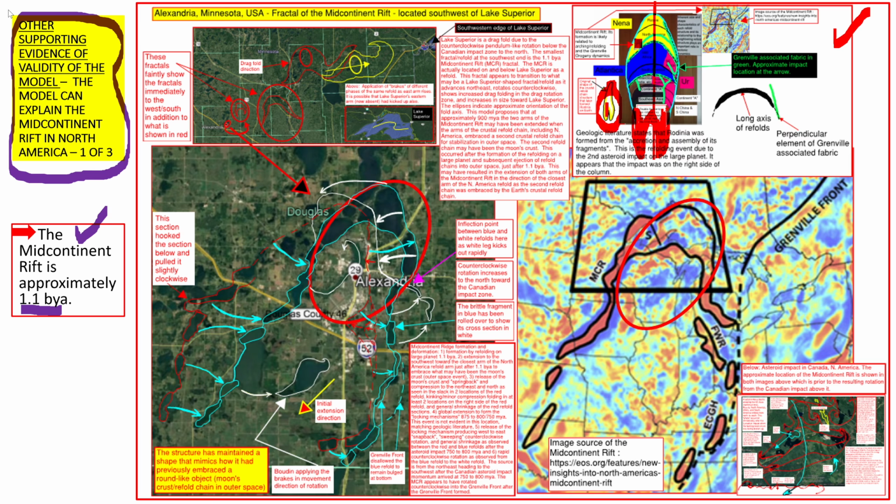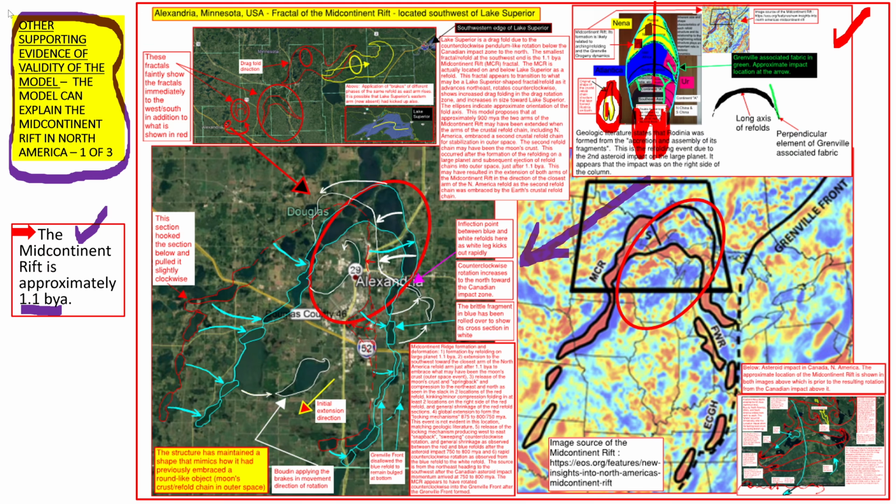If you look just to the north and east of where I just highlighted where the MCR is, that's where it hit, somewhere in there. And if you look at the published diagram below, it went in a big sweeping motion this way, the momentum of that impact. So it's to the north and east of this published diagram of the MCR.